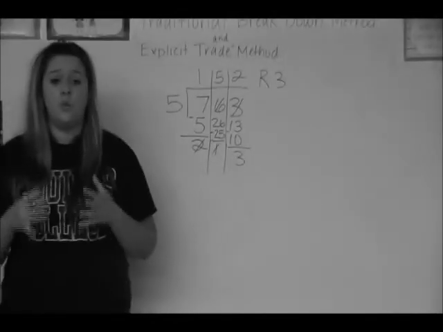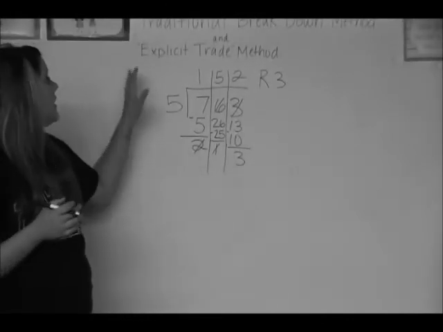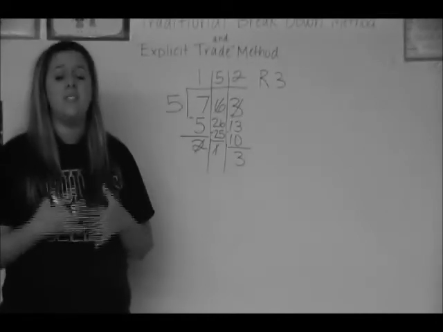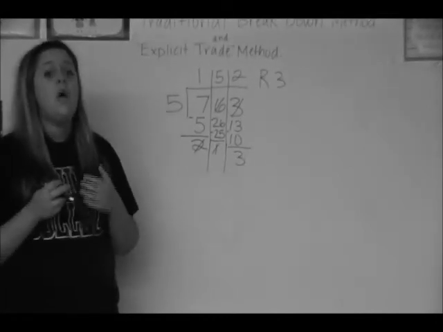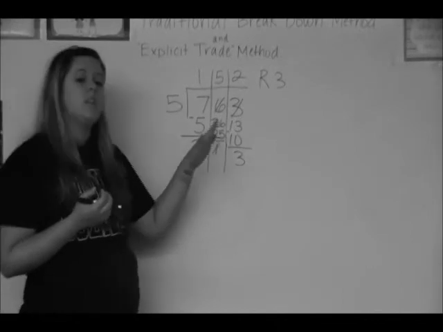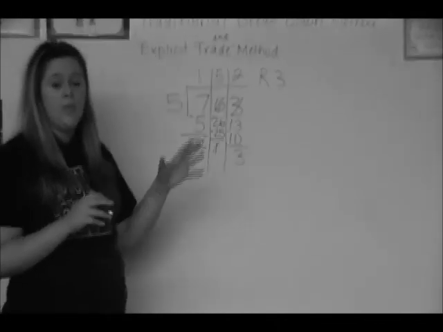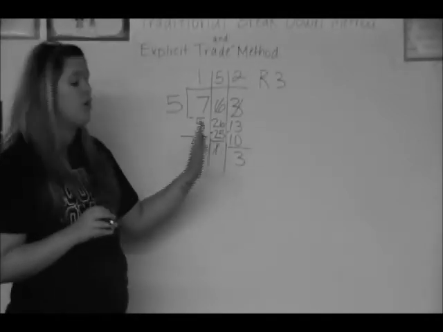Now, the relationship between the traditional breakdown method and the explicit trade method is that they are using the same process, and we still need the same set of skills. We are just placing our answers in the different place values. So here we are transferring our place values and putting them in the correct one.